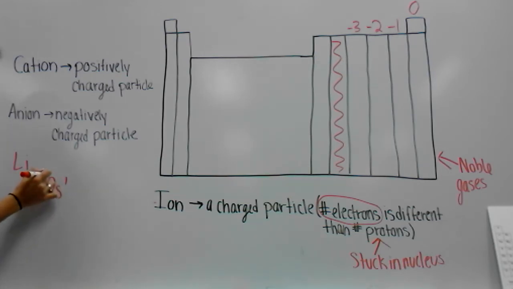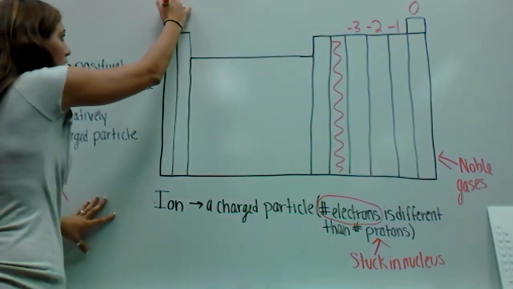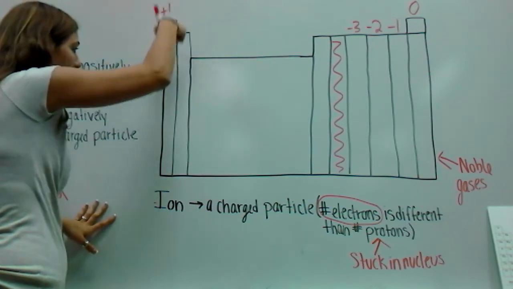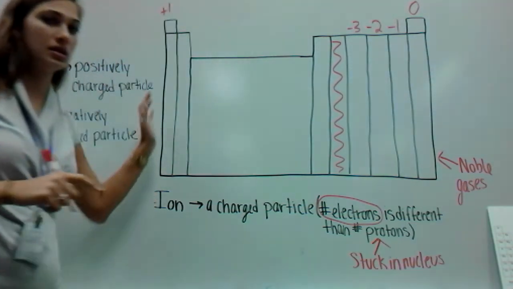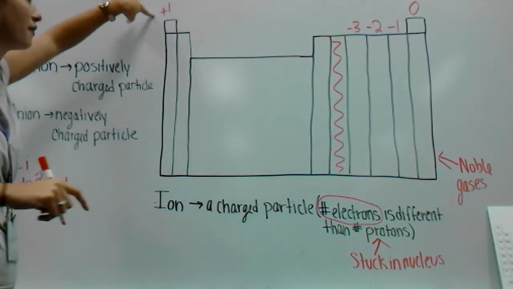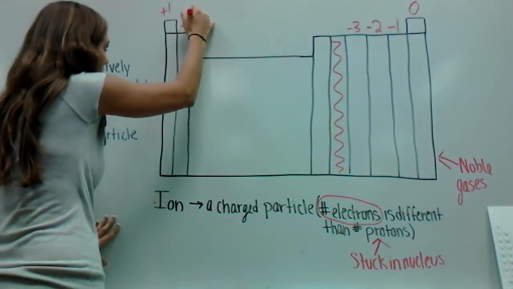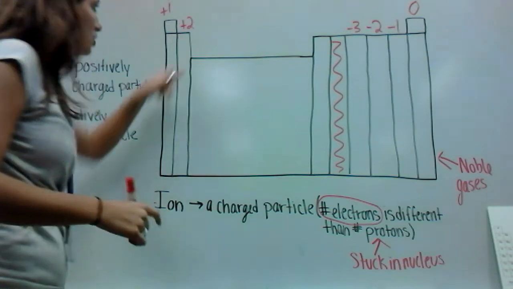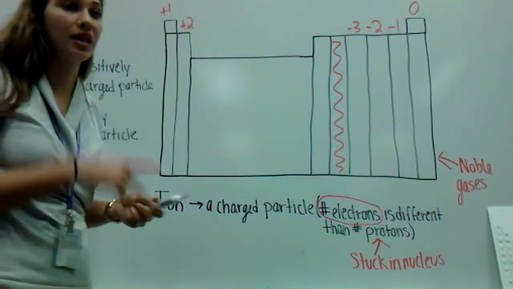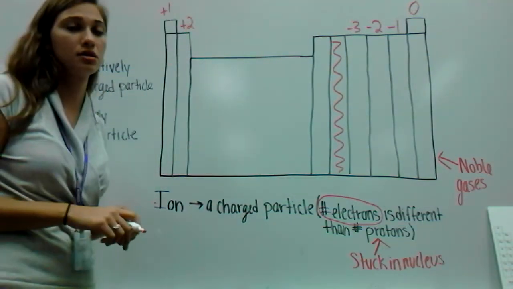If I were to get rid of this 1 electron, now I have a filled outer shell and lithium can be happy. So this entire first group is going to have a charge of +1. This next group is going to have a charge of +2. Now you can get rid of 2 electrons.